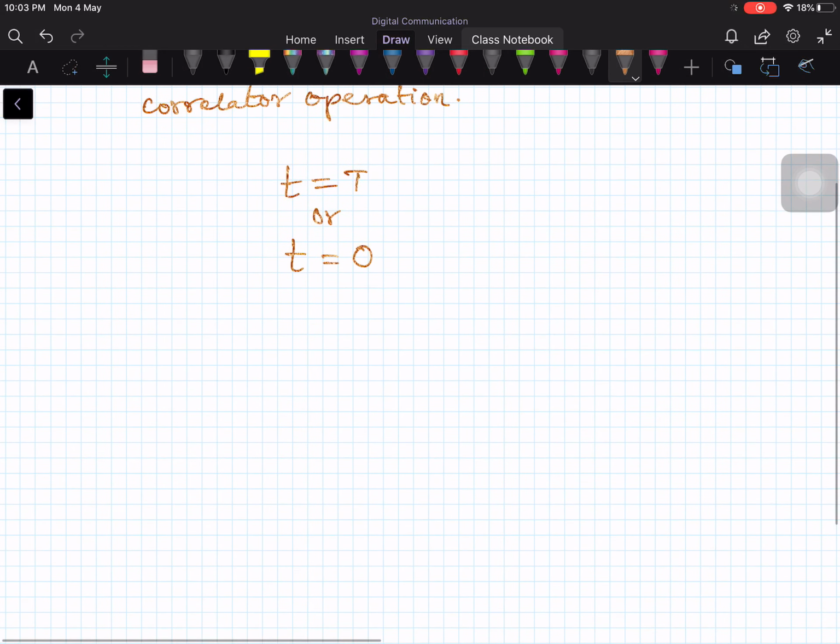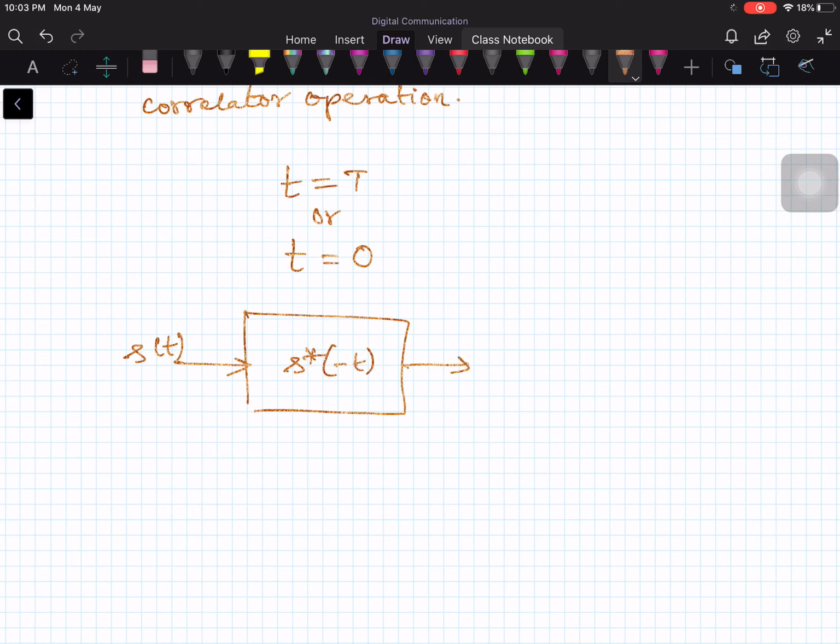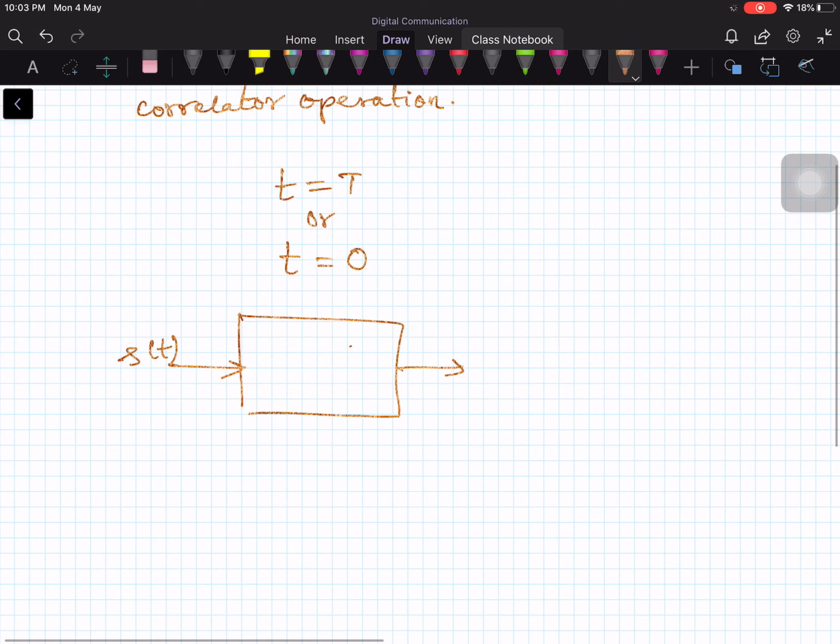That means you take a matched filter. Let's say the input is s of t and it is matched with the input signal s of minus t. Let me write the general one: s of capital T minus t conjugate, and this is the output of the matched filter.